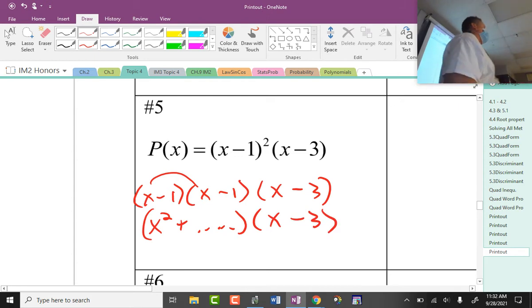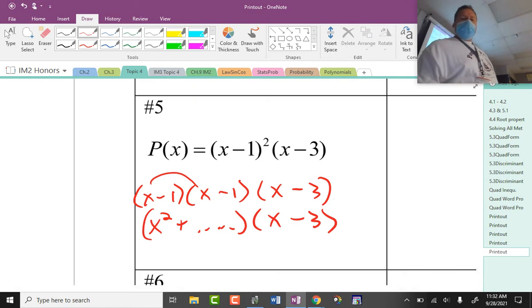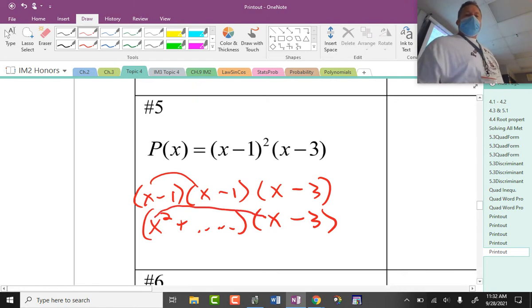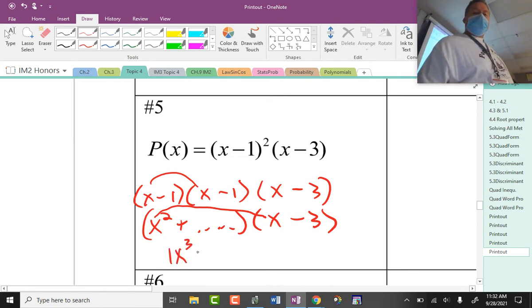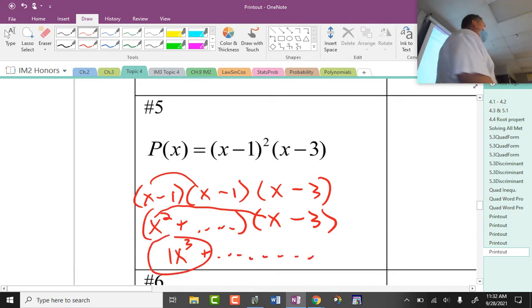Why am I ignoring the other stuff? I'm looking for the leading coefficient. The next thing I would have to do is distribute this. What's x squared times x? 1x cubed, and then there'd be a whole bunch of other stuff, and there would be no other cube-like terms. That is the top dog. So that's what you need to visualize as happening for me to ask you, what is the degree?